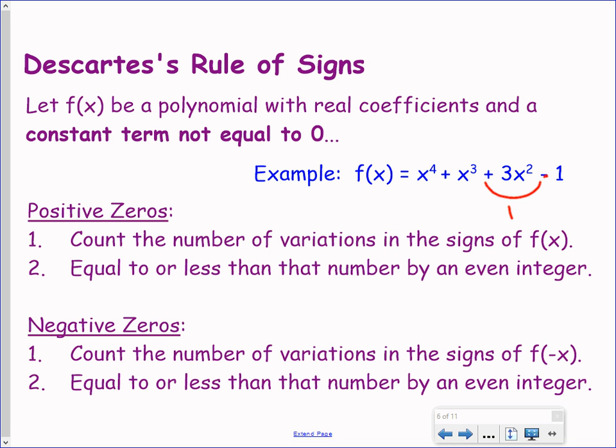No. So the lowest number of positive zeros you could have would be 0 positive zeros. So because we got 1 sign change right there, in my example, my polynomial must have 1 positive zero. Absolutely, without a doubt, there is a positive zero.